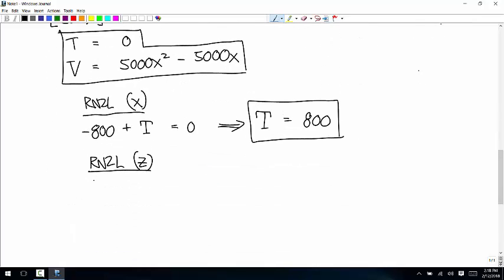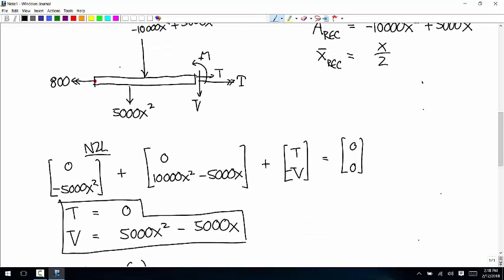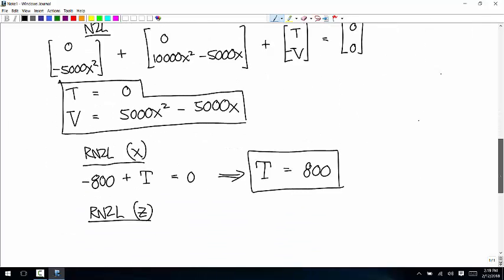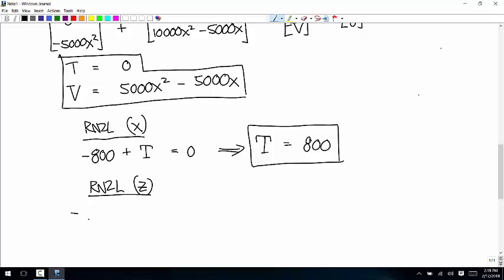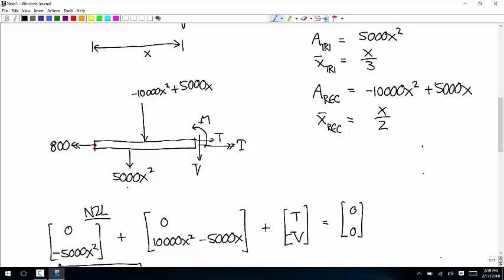So the moment arm is x over 3, and that force would produce a clockwise moment, so it's negative. So we have negative x over 3 times 5,000 x squared. The magnitude's 5,000 x squared, and that'd be positive inside this range.